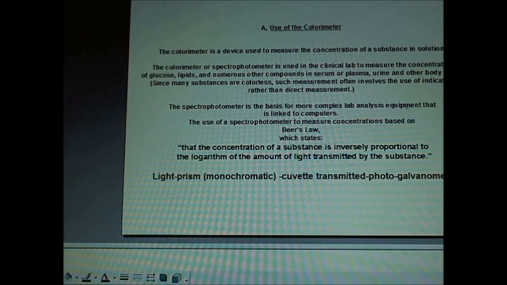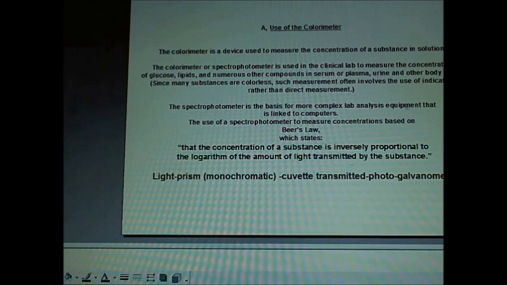Now, like we said, the things that we measure with a spectrophotometer on a direct measurement must obey Beer's law. And Beer's law states that the concentration of a substance is inversely proportional to the logarithm of the amount of light transmitted by the substance. So that's Beer's law.